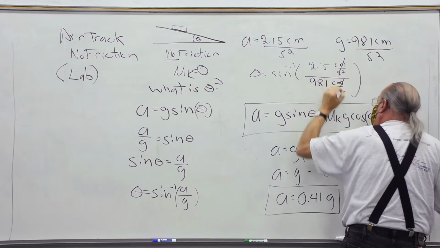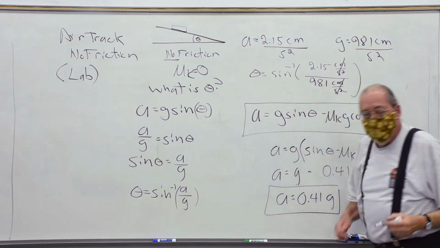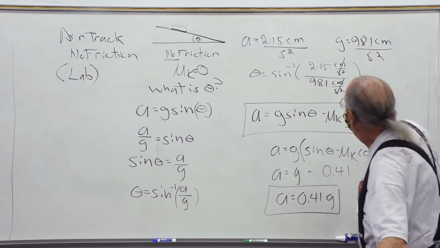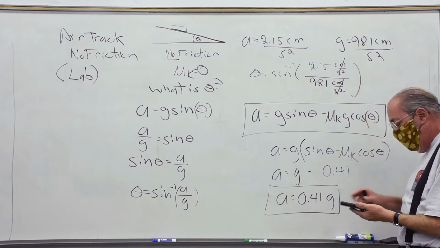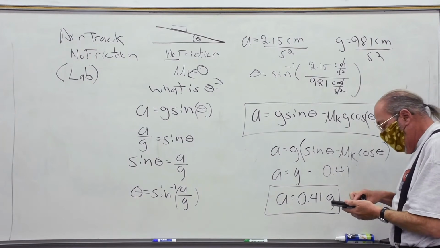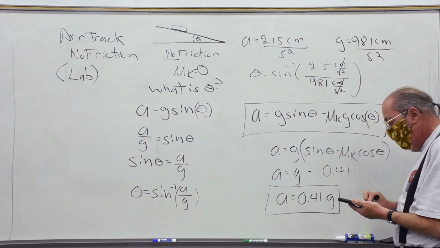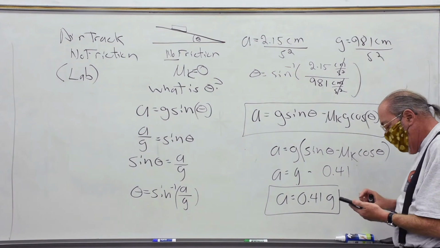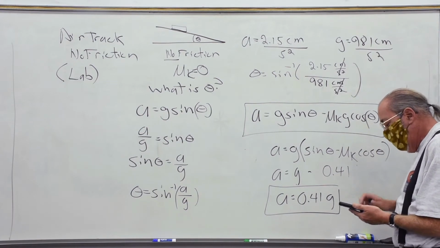The units cancel. So take your calculators and take 2.15 divided by 981, don't forget to hit equals, and then hit shift sine.